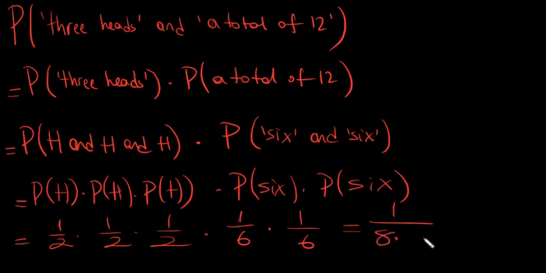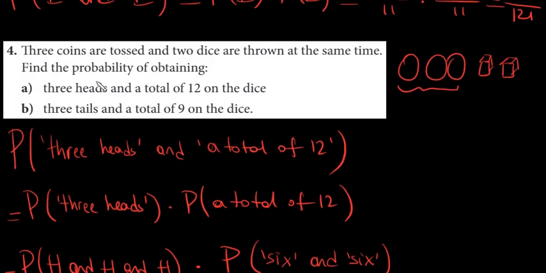Let's write 8 times 36. Because all these are multiplication, we can multiply in any order. So that's going to be 6 times 8 is 48. 3 times 8, 24, 4 more, 28. So 1 over 288 is the probability of getting 3 heads and a total of 12.